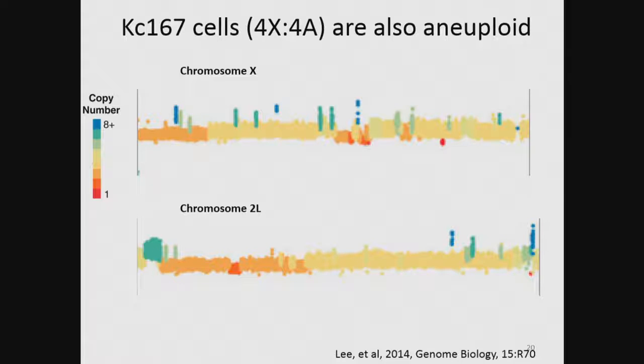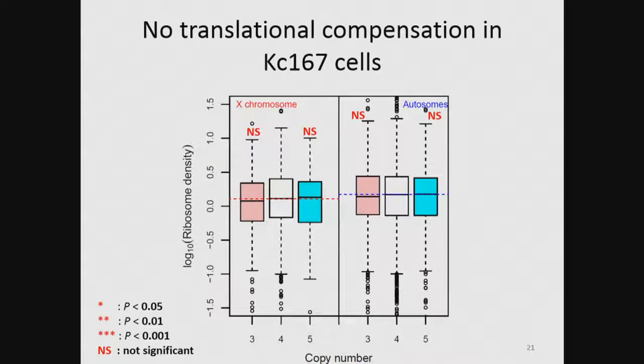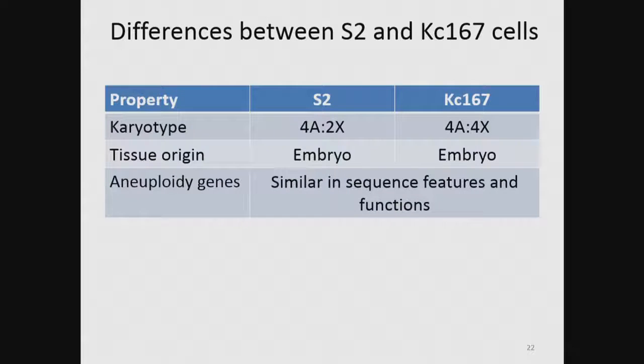Here is a figure similar to the previous one for the S2 cell. Surprisingly, we don't see any translation compensation happening for this cell line. This is very surprising, and also very puzzling. To understand this, we try to compare the sequence features of these two cell lines.